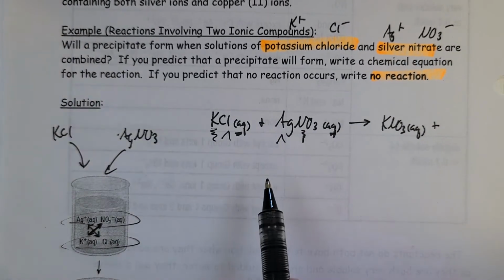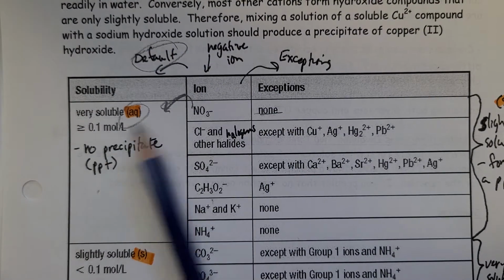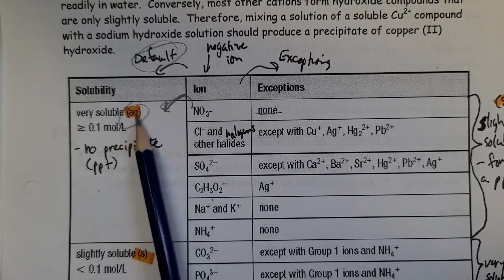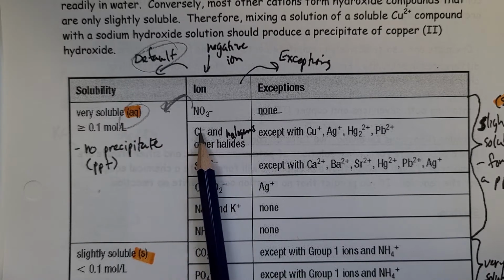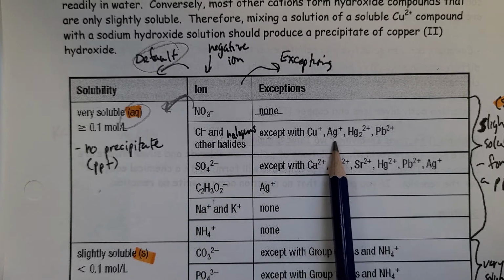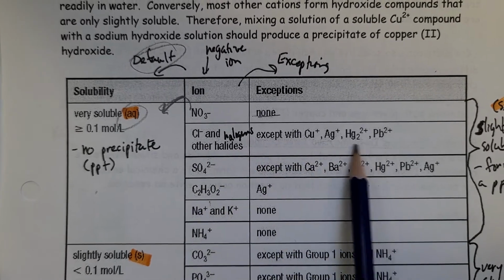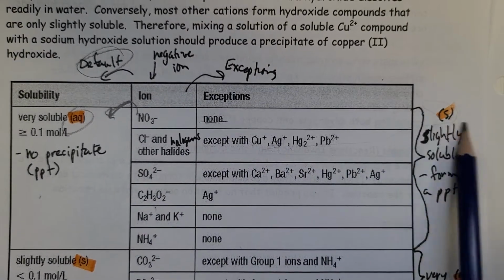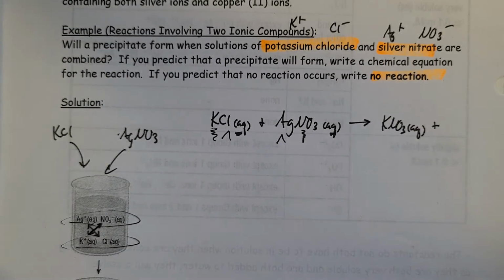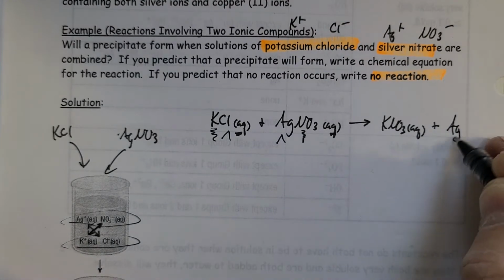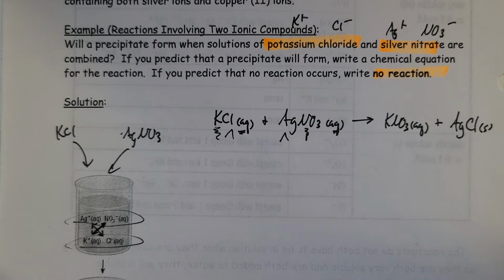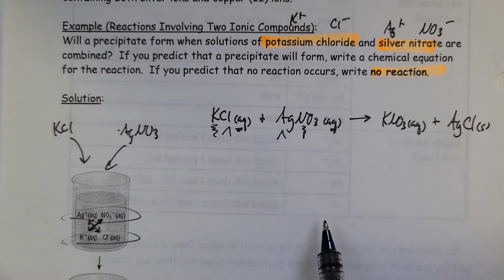If you look at silver chloride, again, we look at chloride first of all, so the negative ion of chloride, and most things with chloride are going to be aqueous, no precipitate, but I have to look at the exceptions. Oh, there's silver. So silver with chloride, when there's silver present, PPT, precipitate. So AgCl, and that's going to be a solid.